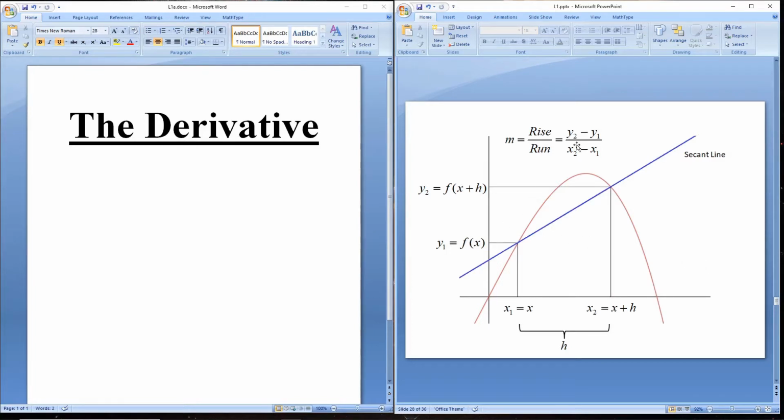So let's just plug that into the slope formula. We have y2, which is now f of x plus h. y1 is now f of x. And x2 minus x1, the distance between these 2 points, is h.